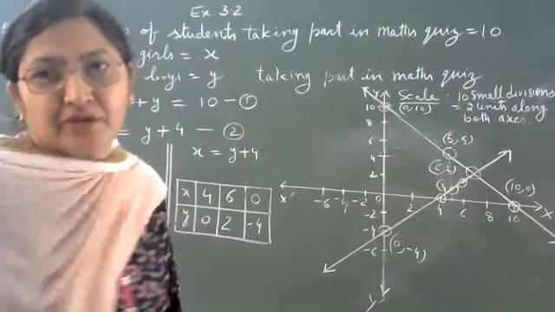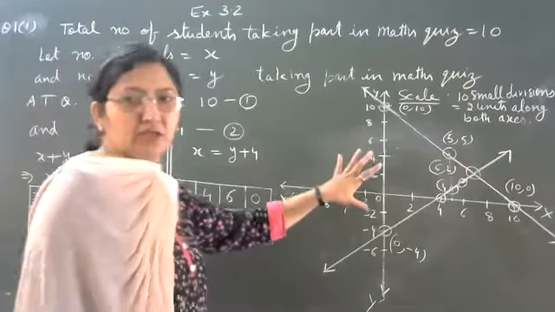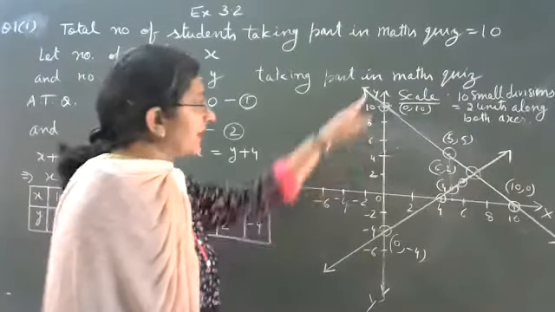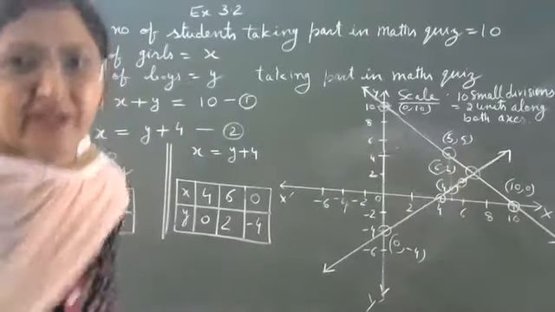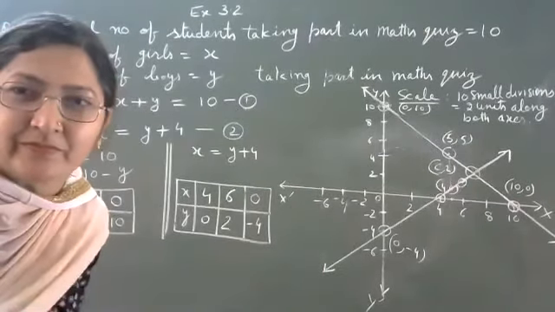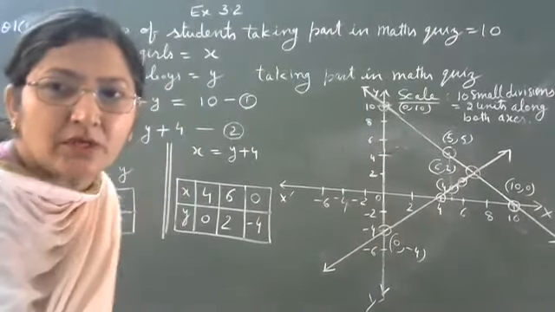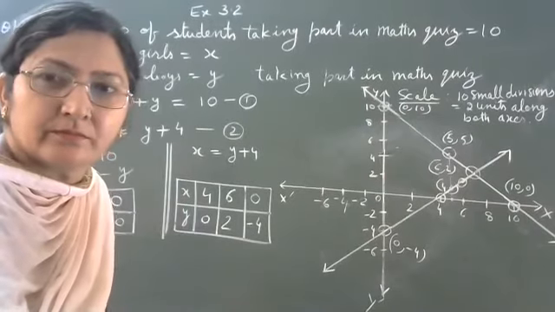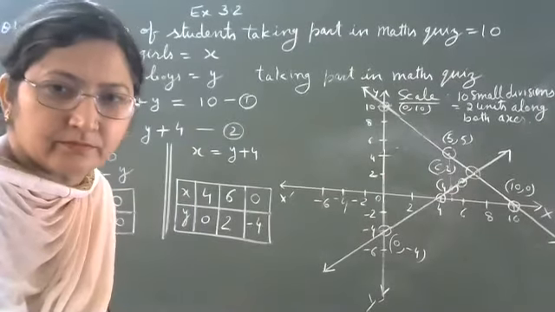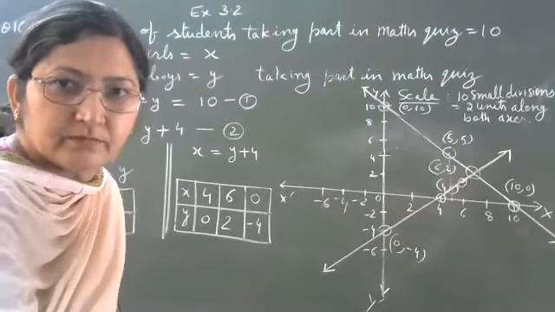So ma'am, unmute one of these, because I am drawing on the board. Suhana, unmute. What is the point of intersection? Yes, Mukul. Mukul, you unmute yourself, beta. You can unmute yourself. 7 by 3.